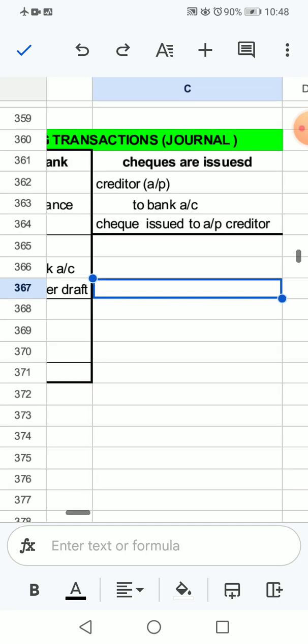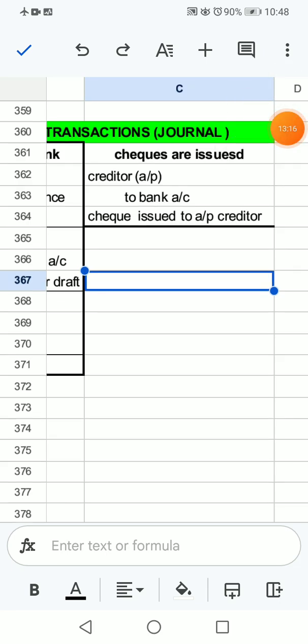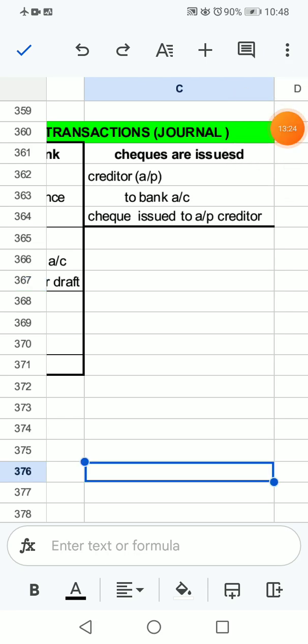Or suppose he kept that check in his pocket, and due to any reason that check has been damaged, or the amount has been damaged over there, or the check has been torn into two parts. Due to any reason, the check's original face has deteriorated.